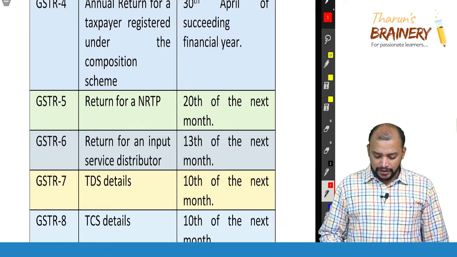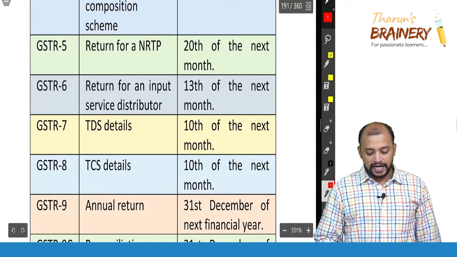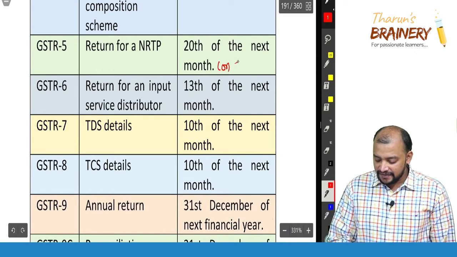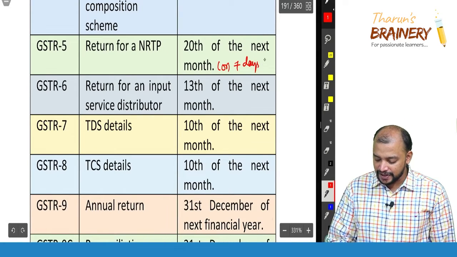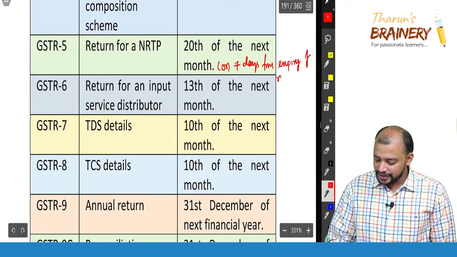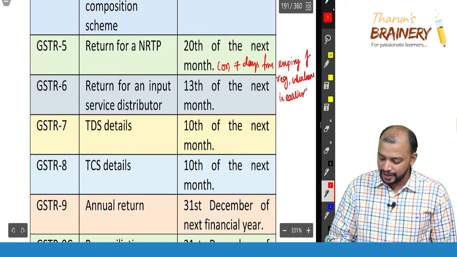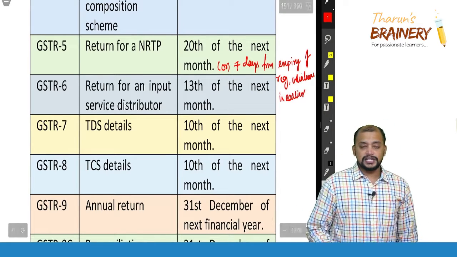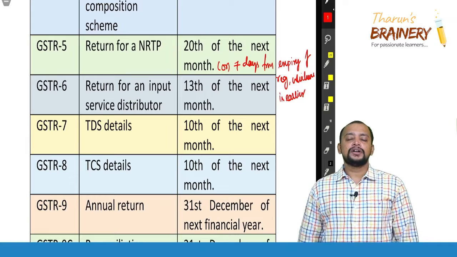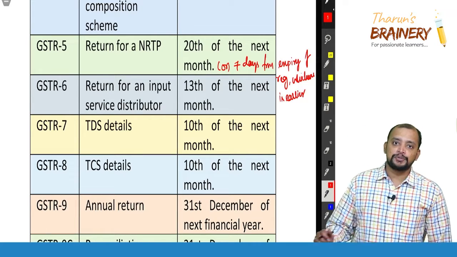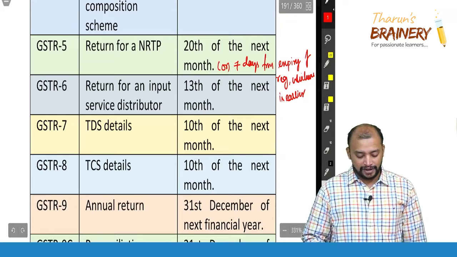So therefore, this return for a NRTP is 20th of the next month usually, or 7 days from expiry of registration, whichever is earlier will be the due date. Okay. Then GSTR 6 is to be filed by a person who is distributing the credit, that is ISD. So whatever the credit that is distributed to be filed by 13th of the month following every month.